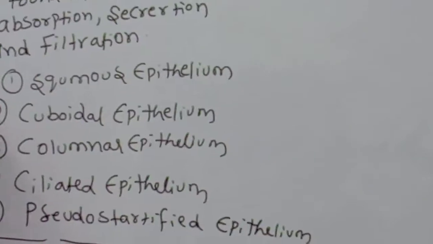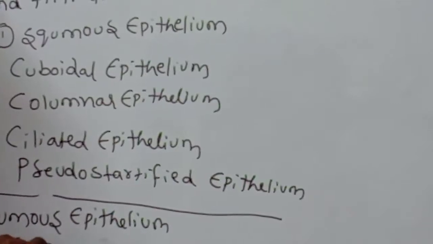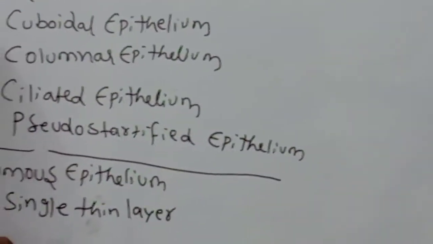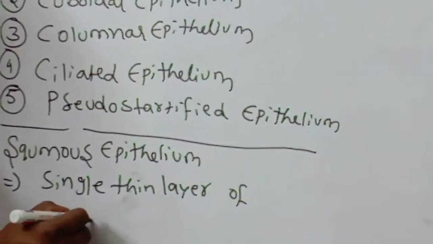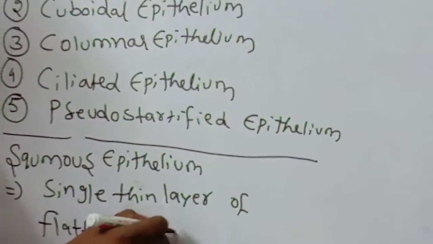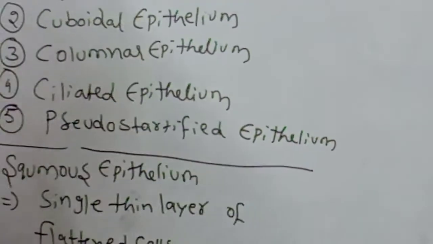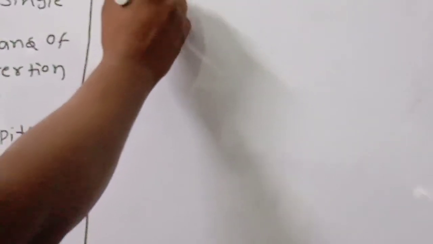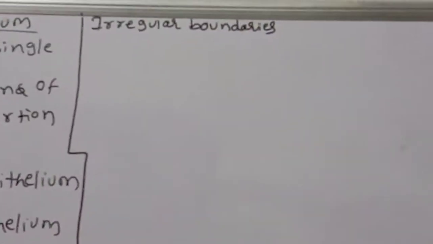It is made of a single thin layer of flattened cells with irregular boundaries. This point you should remember, with irregular boundaries.